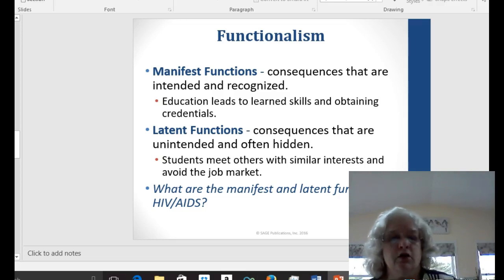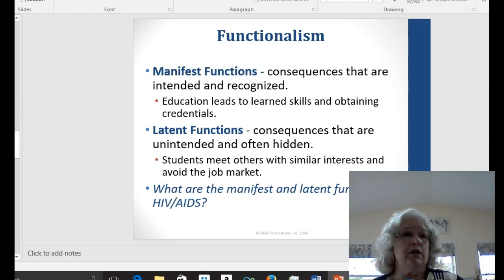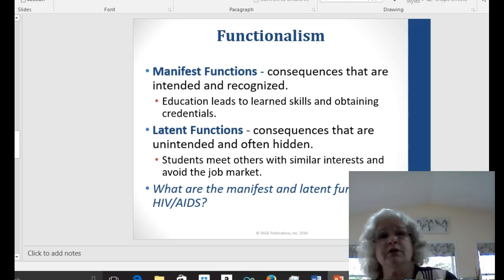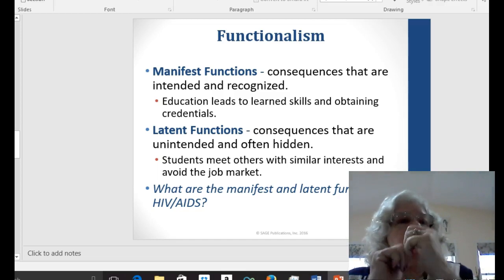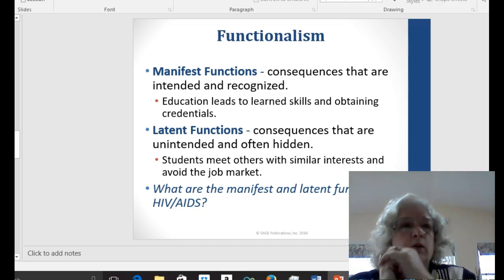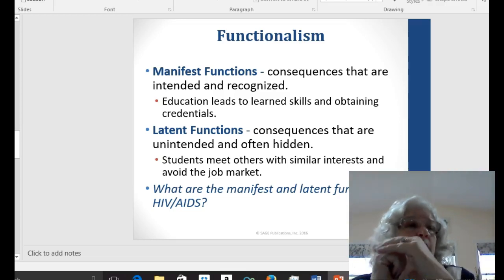We set up a public education system to help them become stronger and know more so that they can work at better jobs. So they get the skills and the credentials to do what they need to do so they can better serve society. But there's a secondary function, this latent function. It becomes the babysitter to take care of the children, to cover those needs. Remember, they were educated at home before, so we have this changing environment, and we need to take care of them. And so we have hidden consequences.